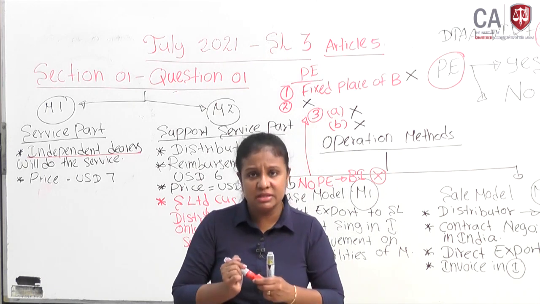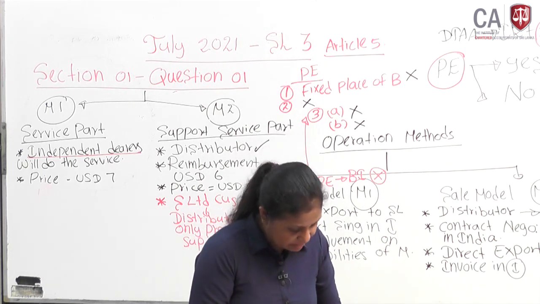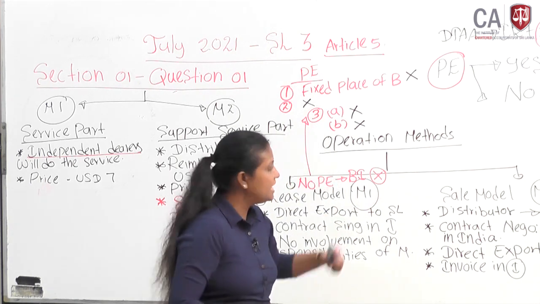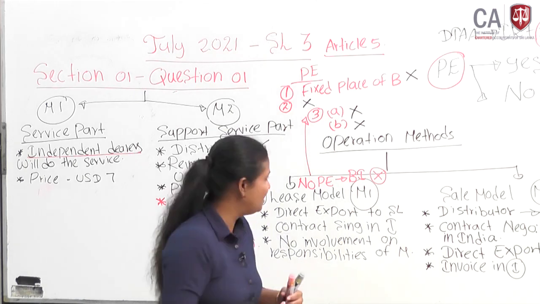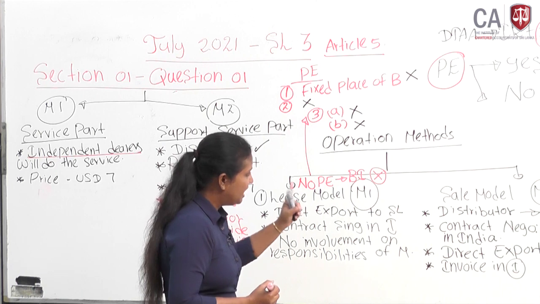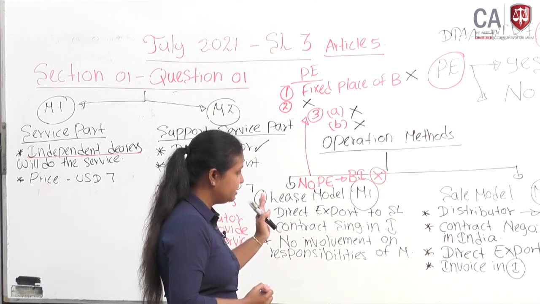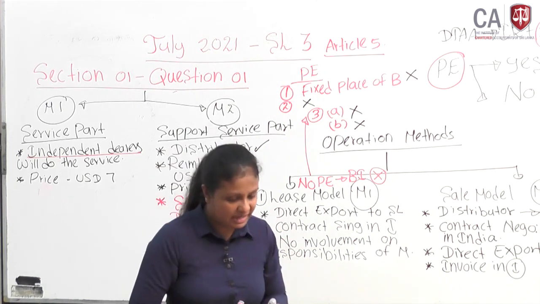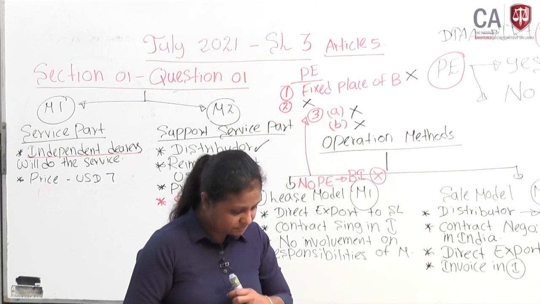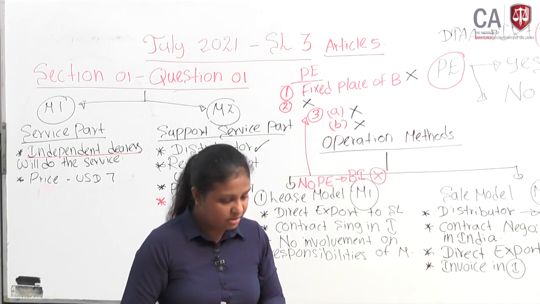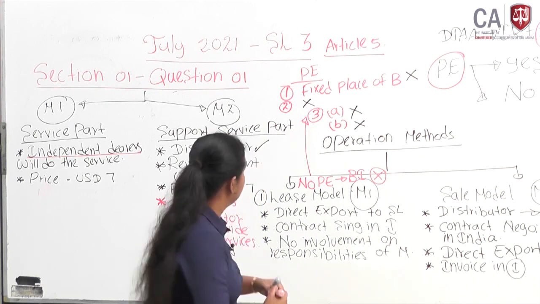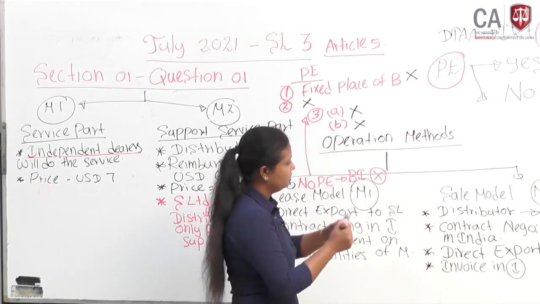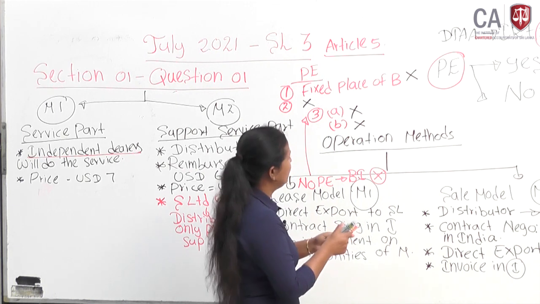Clear? Now I will come to the next one, which is the sale model, and I am doing the same thing. There is a distributor only introducing the customers, contract negotiation in India, direct export from India, invoicing from India. Again the same thing: fixed place of business for sale model, Model 2?